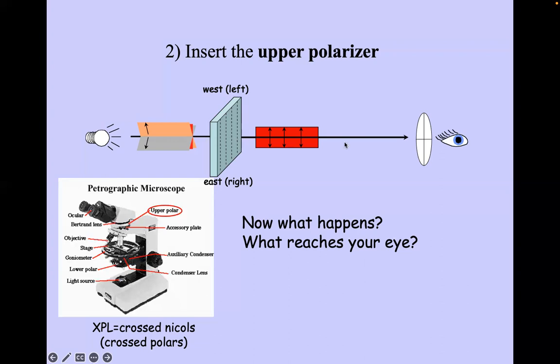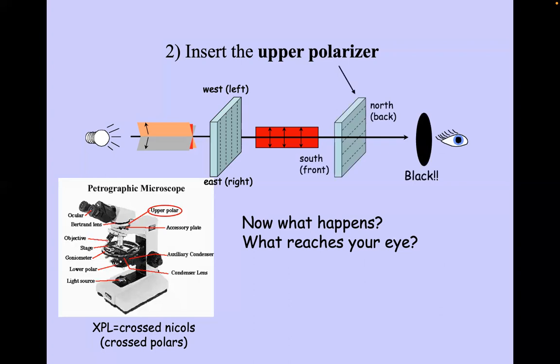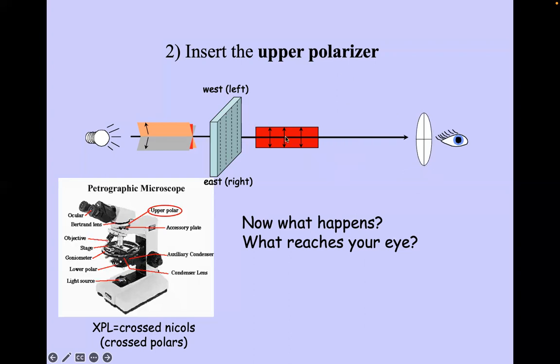So in that case, what will happen? Let's see. Here you see these broken lines extending from west to east. This line direction we call the vibration direction. That's why you can observe only the light coming parallel to that vibration direction, because it's the vibrating direction of that particular polarizer.